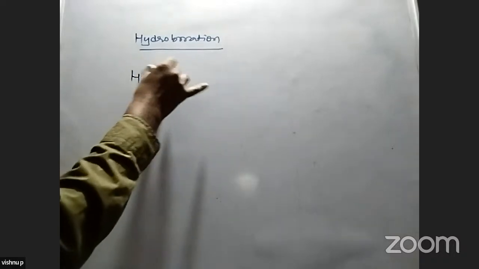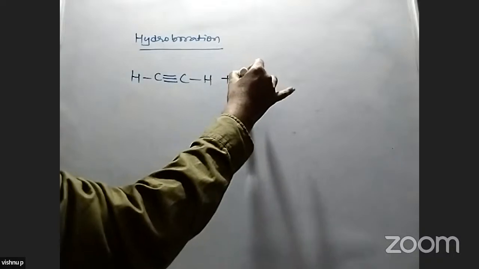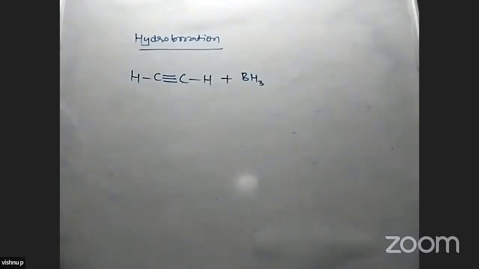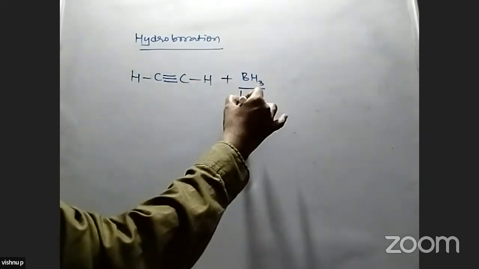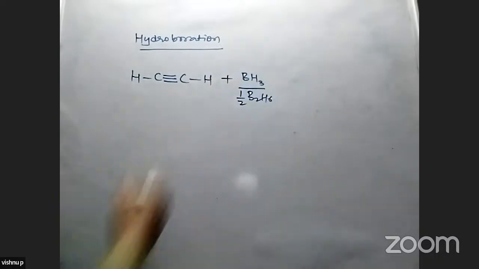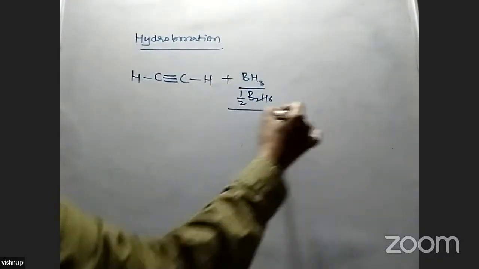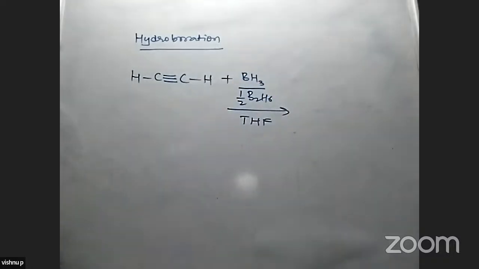Next, hydroboration. Hydroboration method. Next method. We take one example, alkyne, ethyne, which reacts with BH3. BH3 is half of B2H6, or we take it as half a mole of B2H6, in presence of tetrahydrofuran.